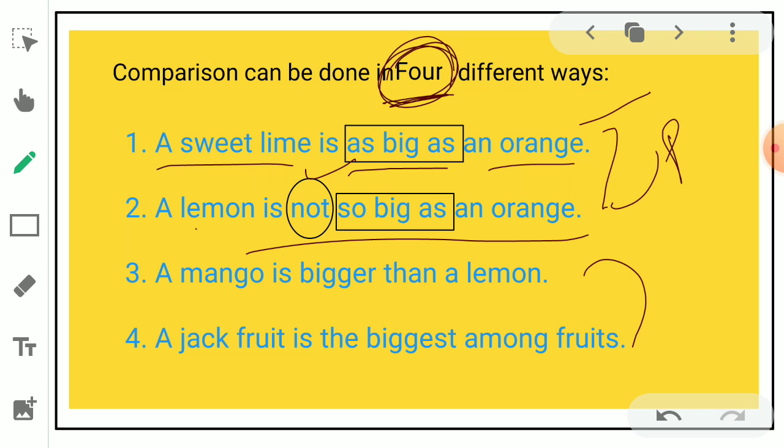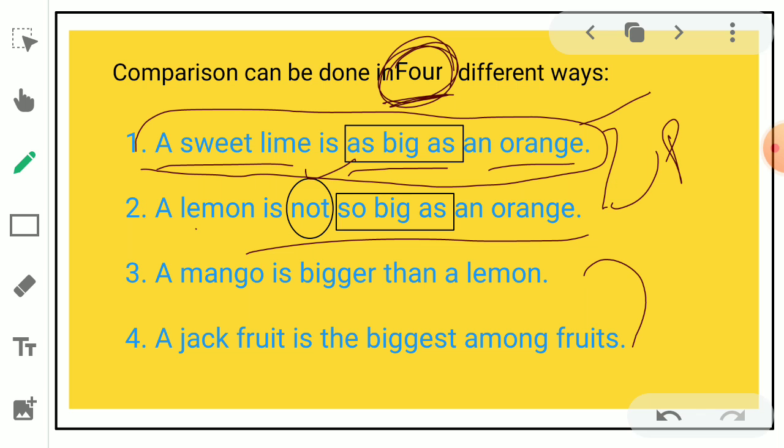A negative form is used to say that a lemon is not so big as an orange. In the first sentence both the things, a sweet lime and an orange, are equal, but the second is totally different by using not. So this is the way we can use it.